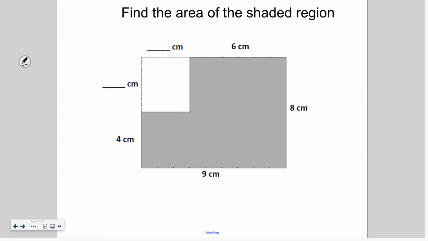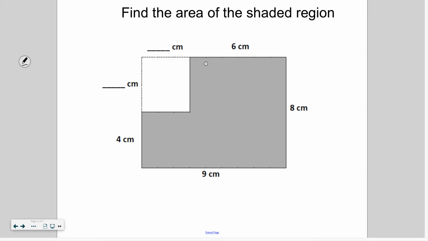So what about when you have something like this, where it's not 2 shapes within the rectangle? What can I do to figure this out? So what I can do is find the total area and then subtract this piece because I want to find the area of the shaded region, which is this part here.